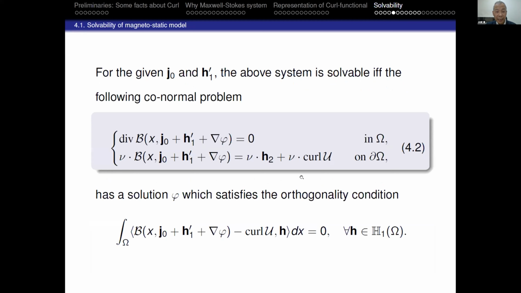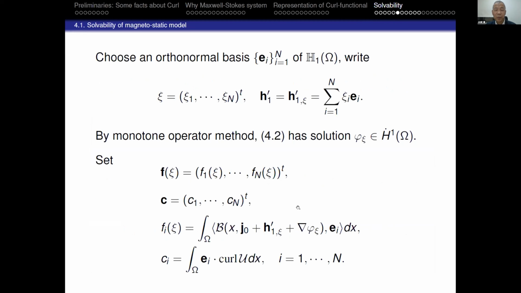Okay. To get this result, actually we represent H1, the finite dimensional space. We find an orthonormal basis. And then you represent every Neumann field as a combination of this basis. And then for each xi, you find H1 prime, plug into the equation, you find phi.